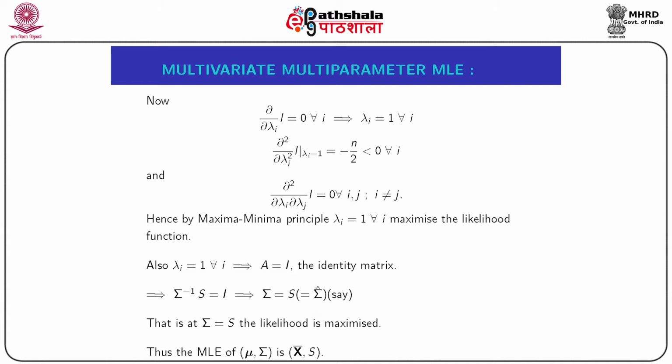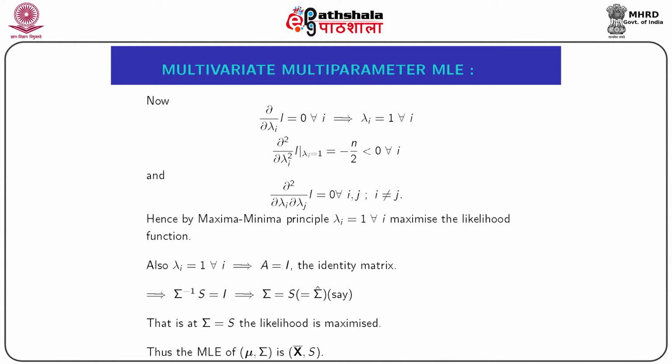Again, the second order derivative of small l with respect to lambda i square at the point lambda i equal to 1 is equal to minus n by 2, which is clearly negative for all i. And second order derivative of small l with respect to lambda i and lambda j at the point lambda i and lambda j equal to 1 is 0 for all i and j, i not equal to j.